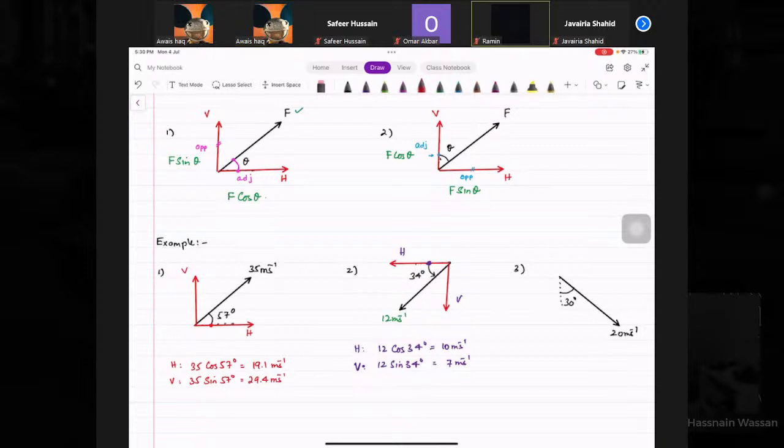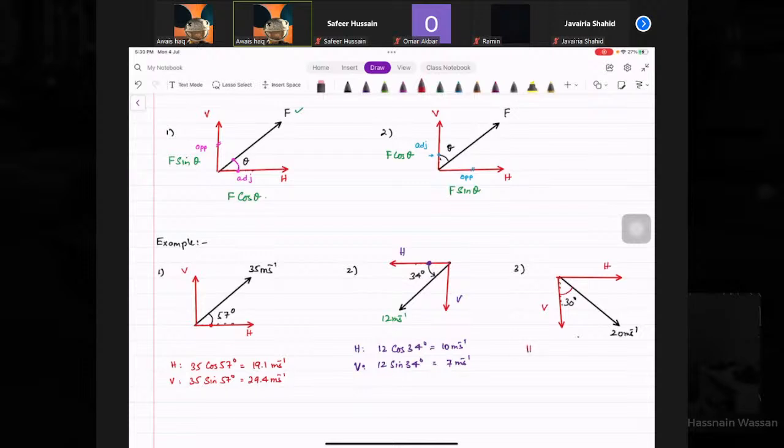Now the next one, if you look at this, it is like southeast, which means one vector down, and this is like this way. Now because the angle is next to this, this means that this is vertical, this is horizontal.